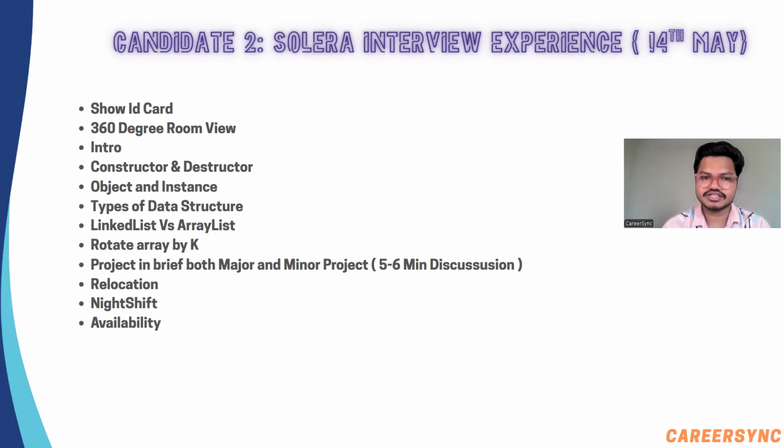Questions: what is a constructor and destructor, object and instance, types of data structures, linked list versus array list, rotate array by k. Then his project in brief, both major and minor project, a 5 to 6 minute discussion, and some HR questions like relocation, night shift, and when you are available to join our company. These are the questions. It was not long.